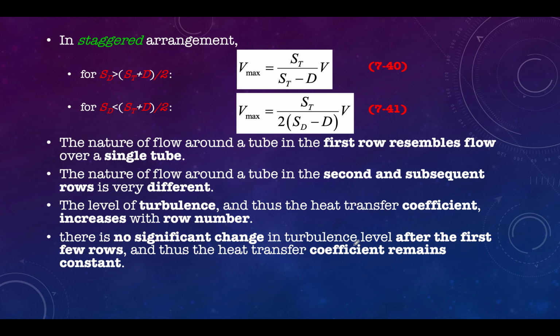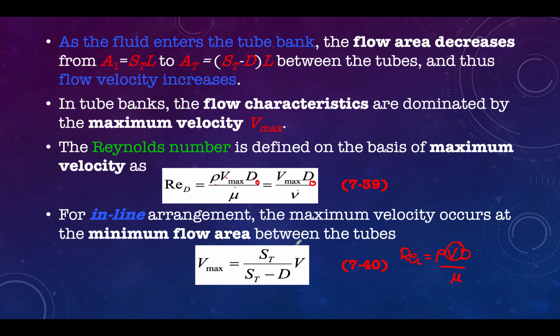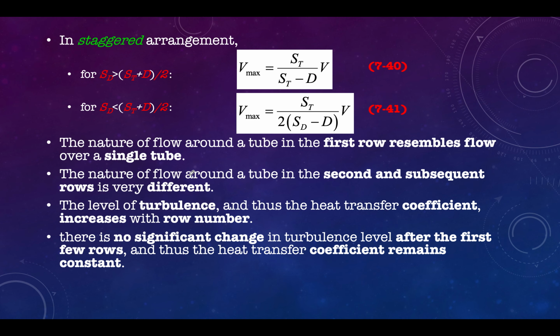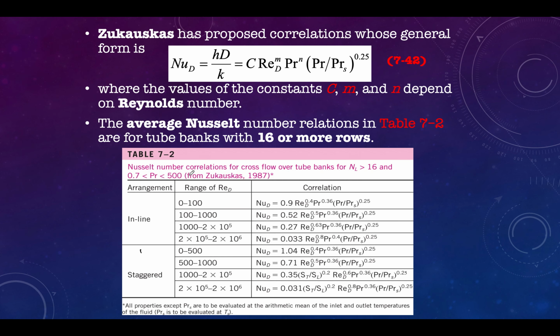And then after that, you will substitute into the Reynolds number equation to determine the Reynolds number. From there, you will refer to this table to see where your Reynolds number falls. If your Reynolds number falls on 500 to 1000, then you will use this equation. Okay? And substitute all the values needed inside, and then you will get the Nusselt number.